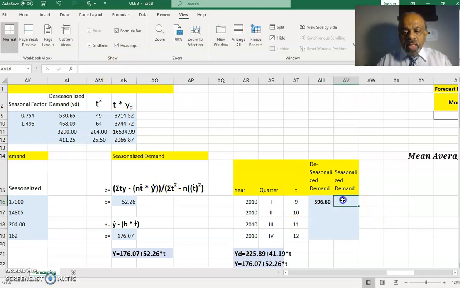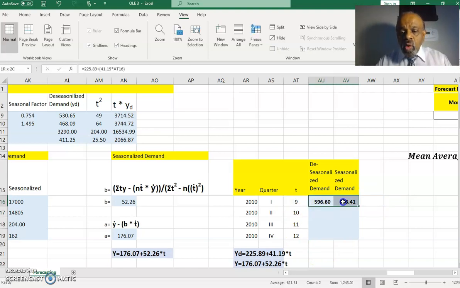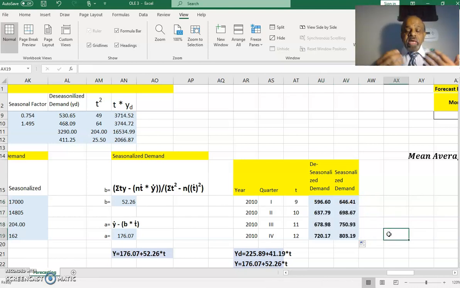Okay, and that's for the deseasonalized demand. For the seasonalized demand, it is going to be 176.07 plus 52.26 times this 9 again. So this is what I have for seasonalized and deseasonalized demand for the next year.